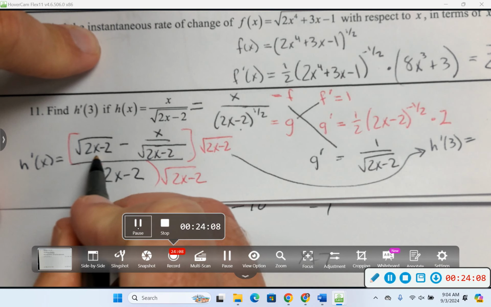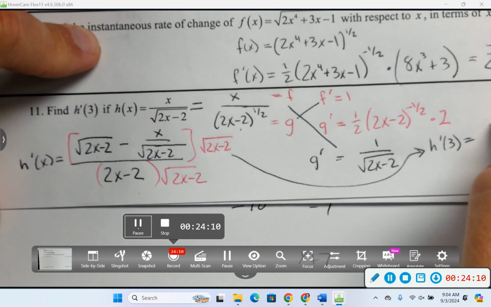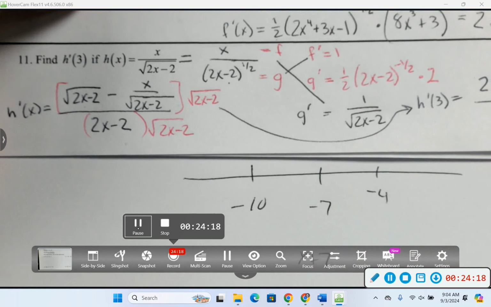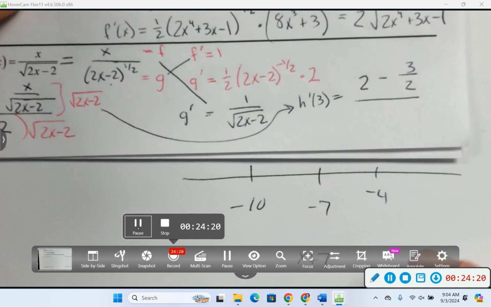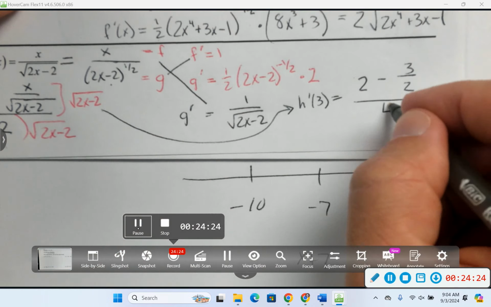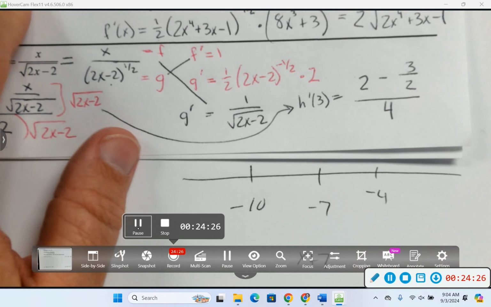2 times 3 is 6, minus 2 is 4, square root of 4 is 2, minus 3 over 2, all over 6 minus 2 is 4. So there's a little bit of algebra still to go, but it's easier algebra now.